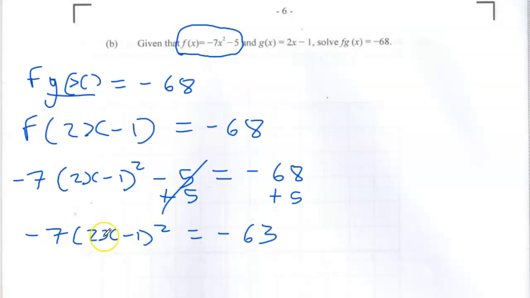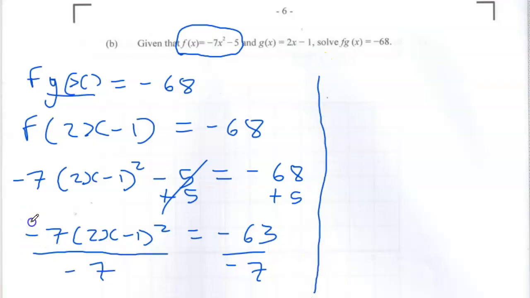And then to get rid of the negative 7, we can divide both sides by negative 7. We end up with 2x minus 1 all squared, and negative 63 divided by negative 7, that's positive 9.